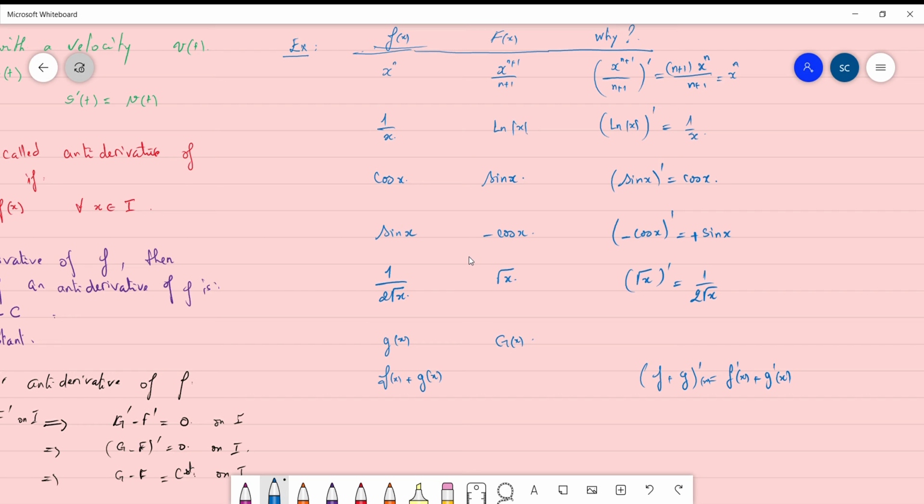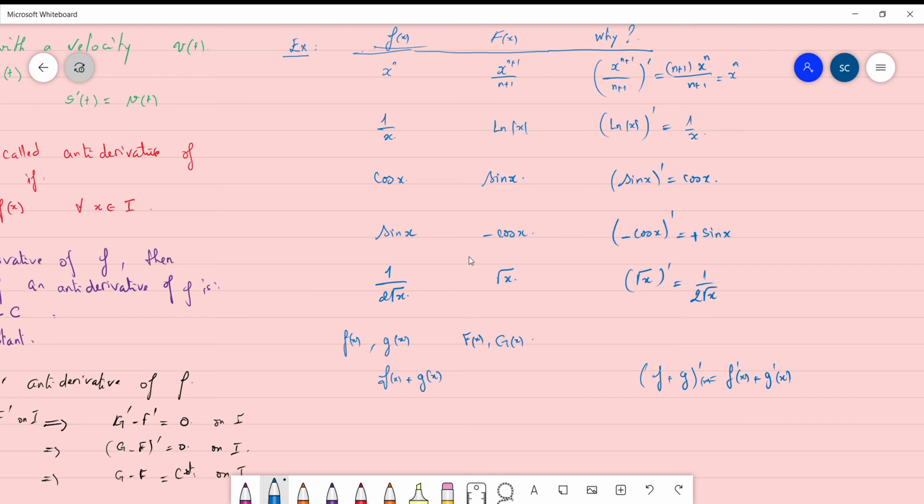So f has an antiderivative capital F, and g has a capital G as an antiderivative. What about f plus g? If I differentiate F plus G, I get this function, the sum of these two derivatives.